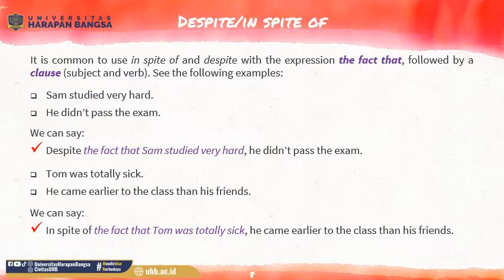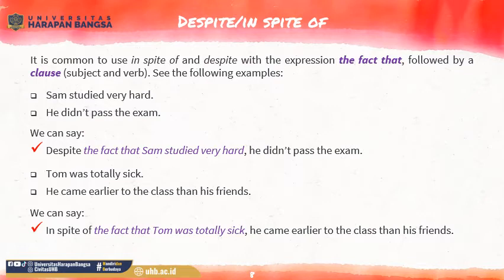So the sentence will be, in spite of the fact that Tom was totally sick, he came earlier to the class than his friends. Meskipun terdapat fakta bahwa Tom benar-benar sakit, dia datang ke kelas lebih awal.